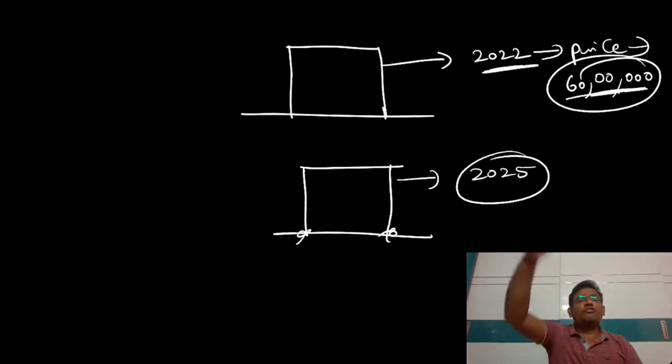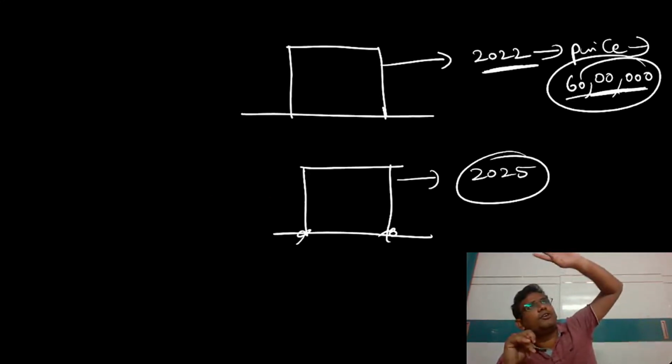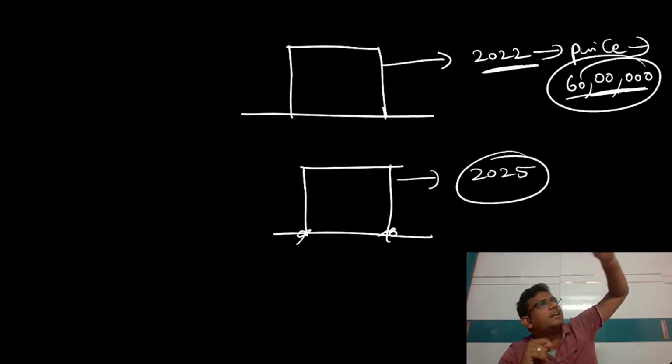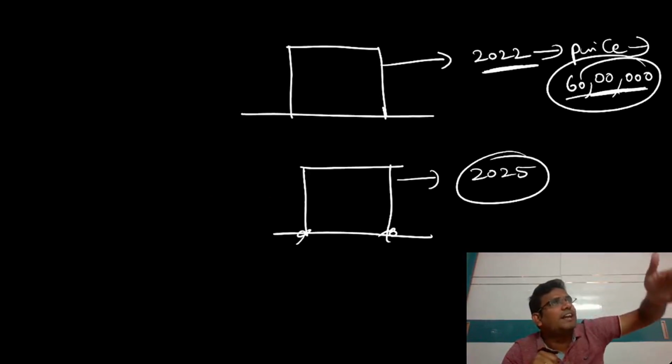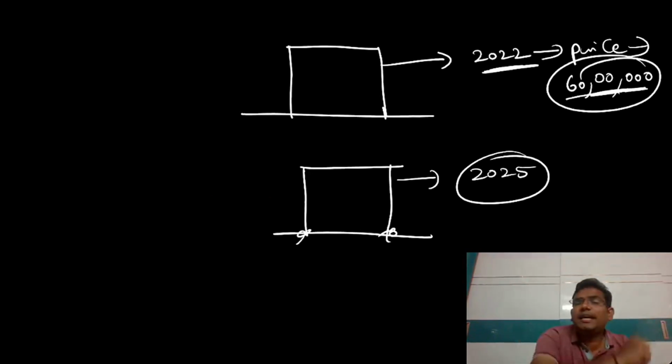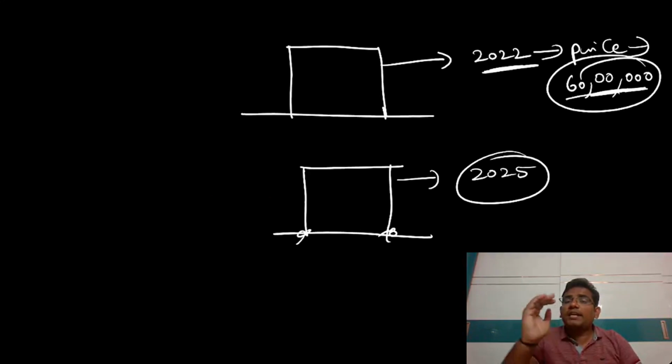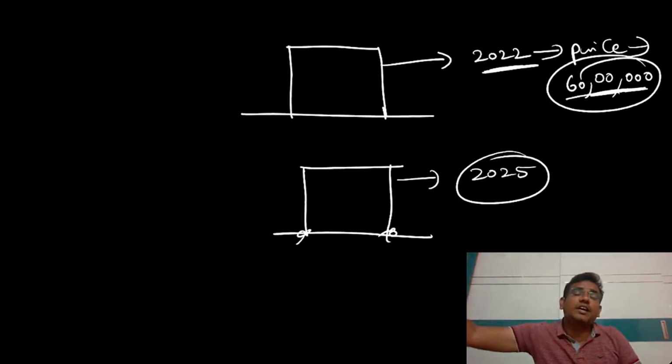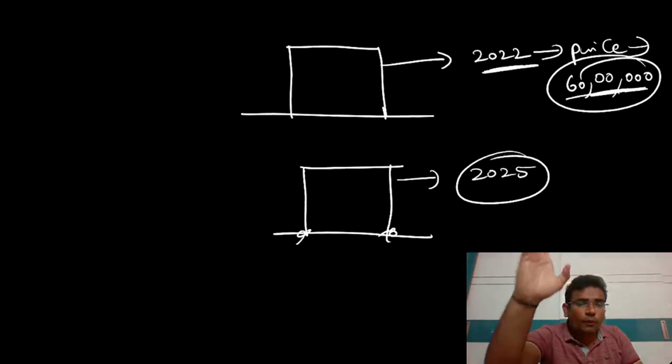मतलब सिर्फ ये देख के कि 2022 में कंस्ट्रक्शन 60 लाख से हुआ, अभी इसका वैल्यू 65 लाख हो गया, या इसका वैल्यू 55 लाख हो गया, ये हम डायरेक्टली बोल नहीं सकते. इसके लिए हमको थोड़ा रिसर्च करना पड़ता है.